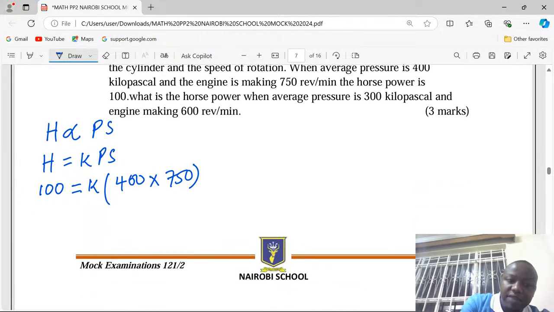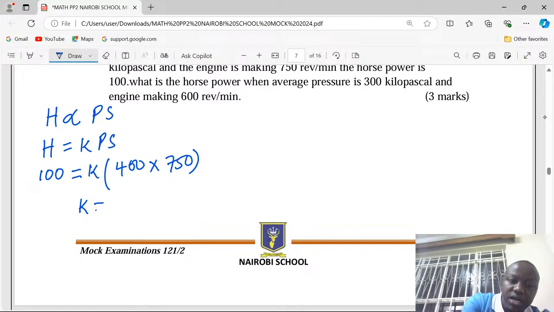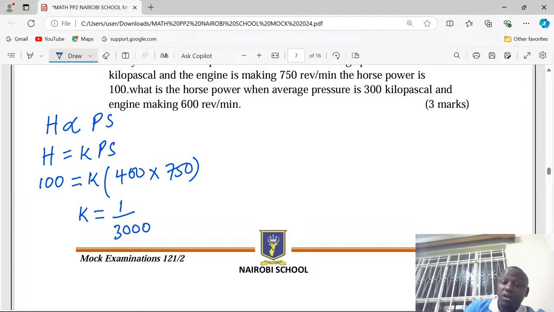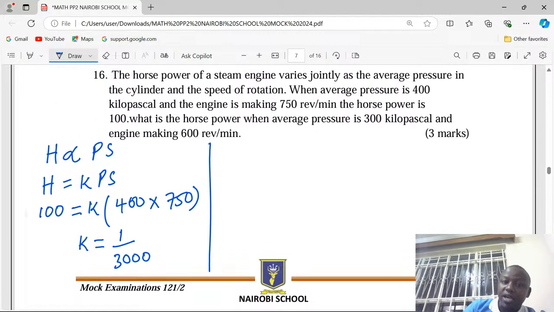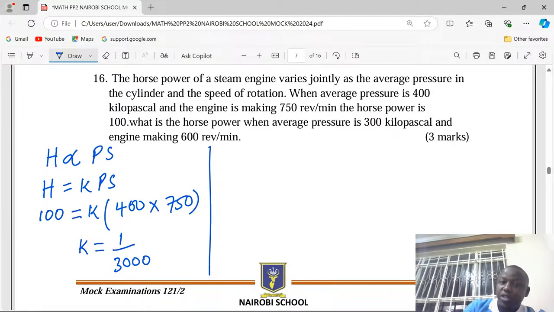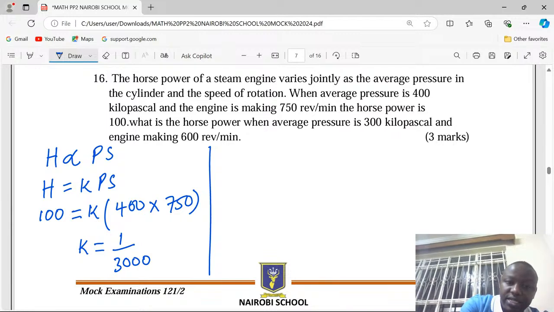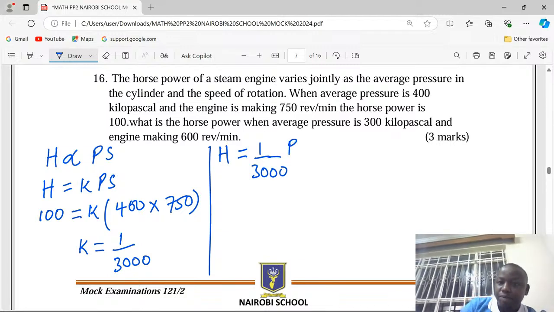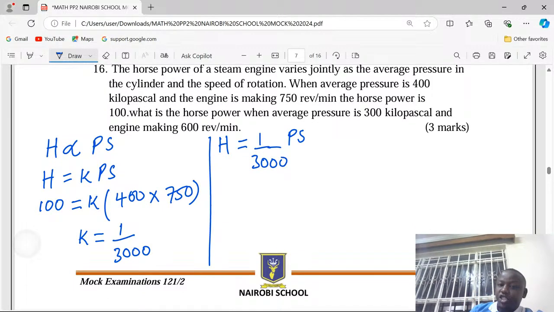So that the value of K can be obtained as 1 out of 3,000. With this, we can talk about the general equation relating the horsepower, the average pressure, and the speed of rotation. So we can say that H equals 1 over 3,000, the constant now known, multiplied by the average pressure times the speed of rotation.